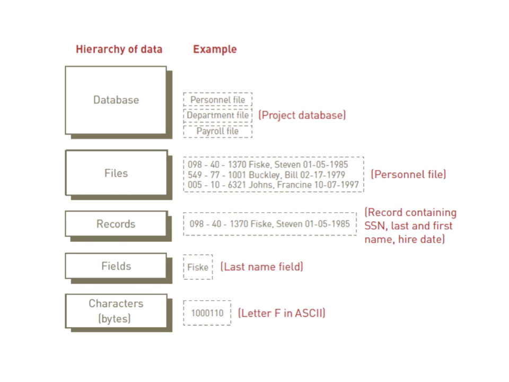So here's a pictorial of what I was talking about with regard to the hierarchy. You have databases such as a project database, personnel, and then within it you have personnel files, files about people, files about a department, or files that have to do with payroll, which is a good example because a payroll file is kind of a combination of something that comprises personnel and departments, so it can be a collection of those things.